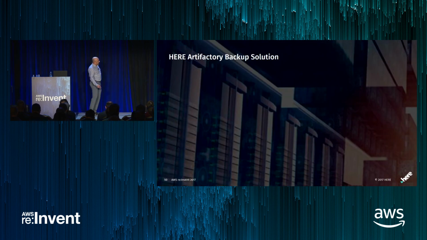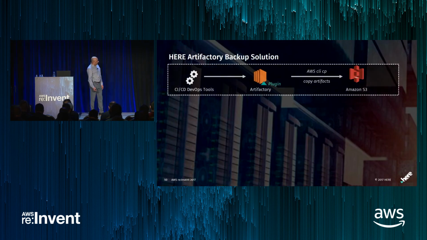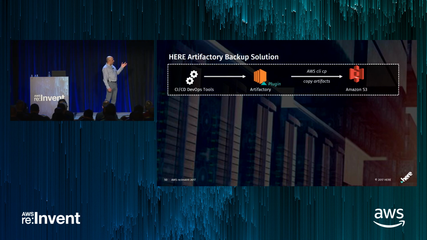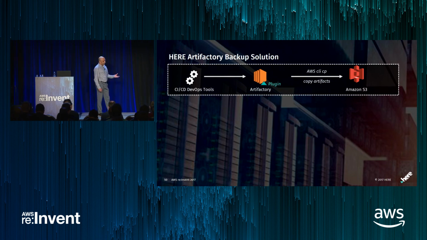There are two ways that we back up our artifacts. One of them, like I talked to you about, is we have created an Artifactory plugin so that anytime an artifact is written to the Artifactory tool, it gets written to S3, and we use the AWS CLI command for it. This methodology is used in case we need to restore some artifacts immediately.